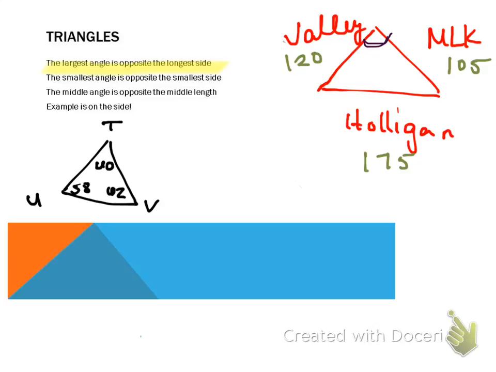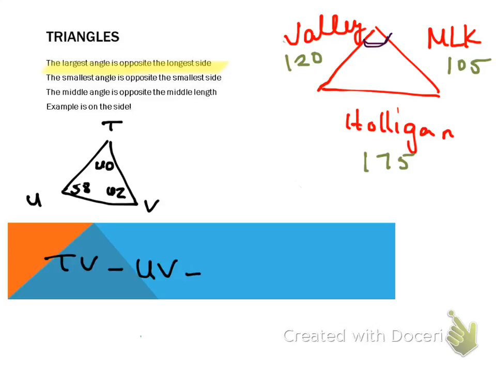Our shortest side is across from the smallest angle. Our smallest angle is 58. Across from it is TV, so our first side is TV. Our second angle, that second smallest, or our middle angle, is 60. Across from 60 is UV, so that's our middle length side.